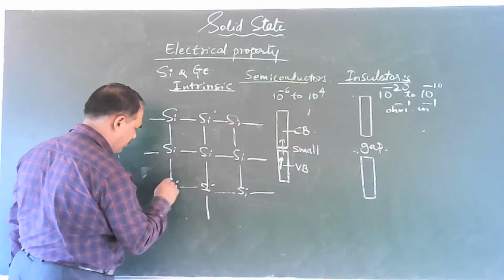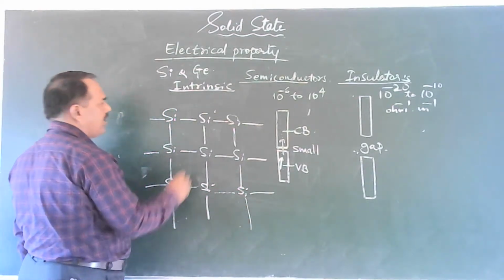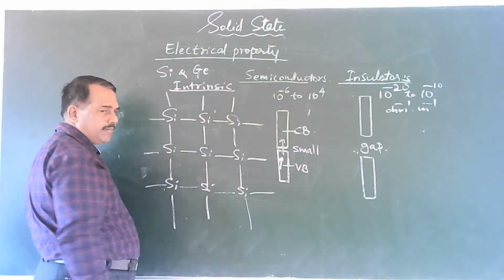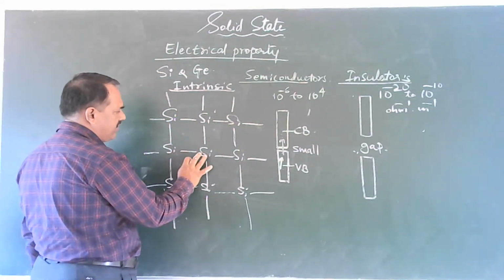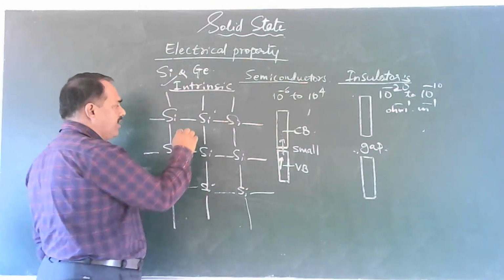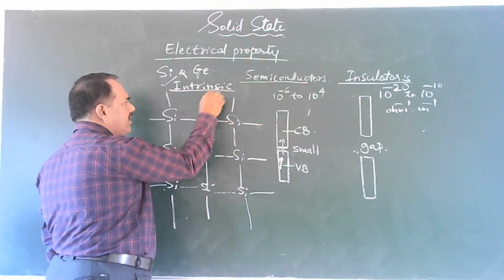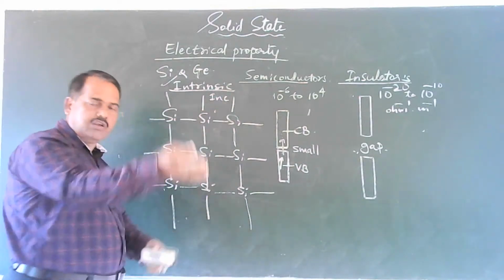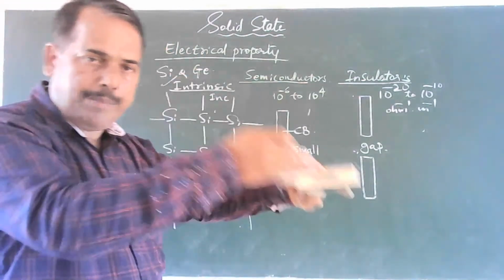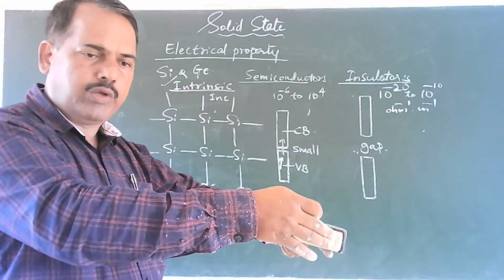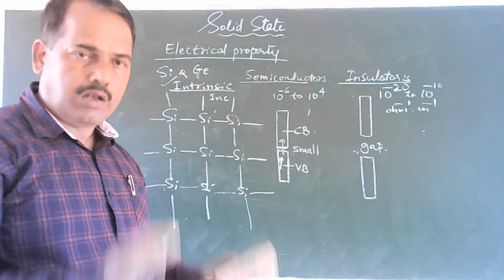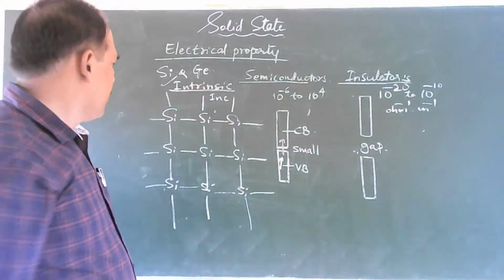You can easily understand. See here, silicon has 4 electrons which are paired. It conducts electricity at room temperature, that is called an intrinsic semiconductor. But its conductivity will become more by doping it, by adding an electron rich 15th group element like phosphorus.